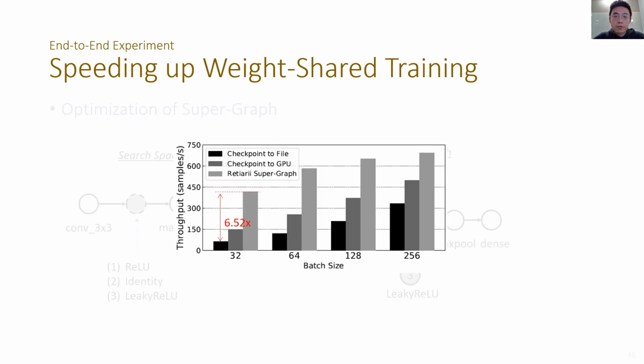Our macro benchmark shows over 6 times speedup using Retiarii's supergraph over checkpointing. Different from existing NAS solutions that manually build the supergraph, Retiarii can automatically build it directly using the mutator information.